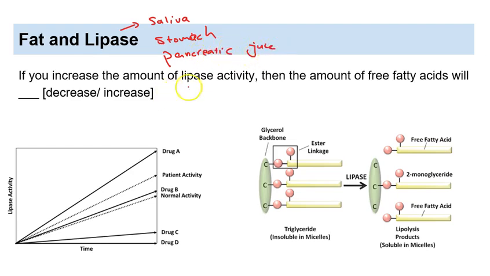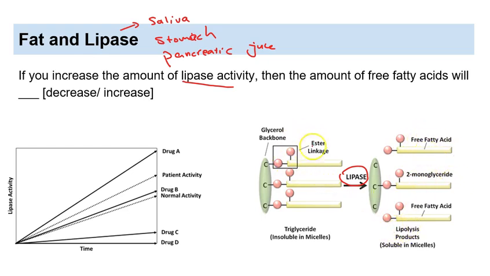If you increase the amount of lipase activity, what would happen to the amount of free fatty acids? So the next thing that you have to know is that when we break down the lipid, like the triglyceride, by using the lipase, then our product would be one molecule of monoglyceride and two free fatty acids.